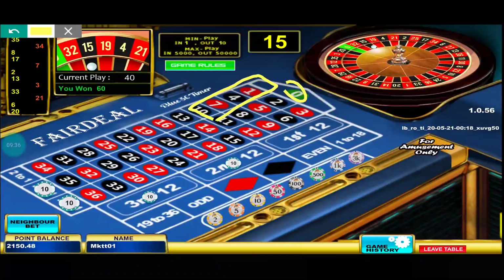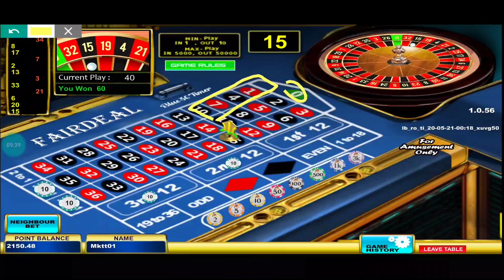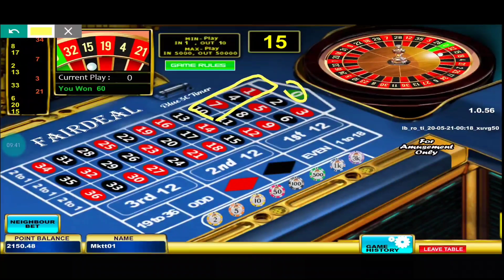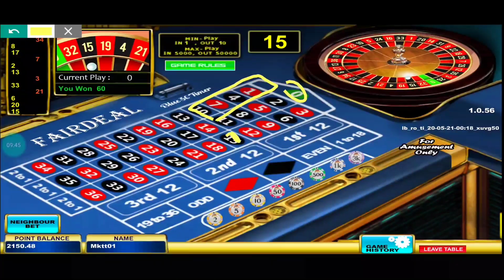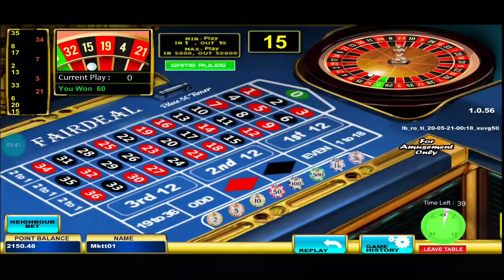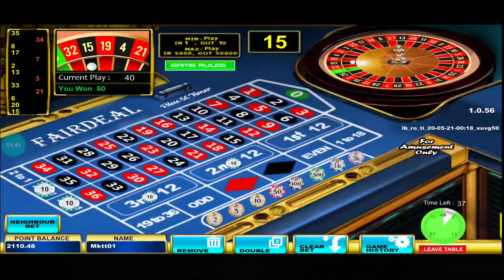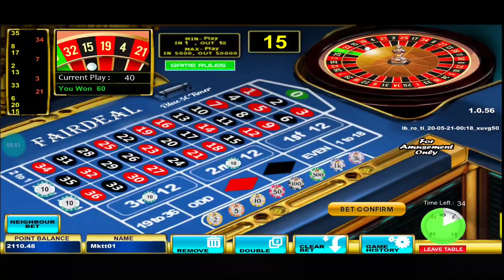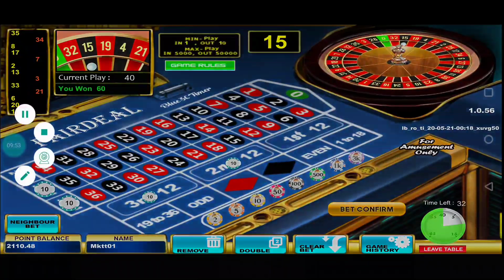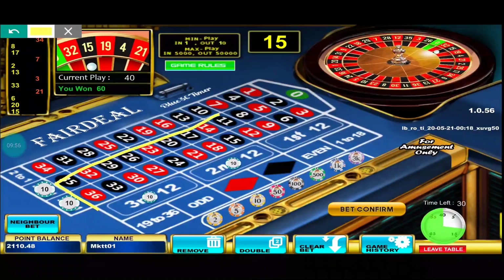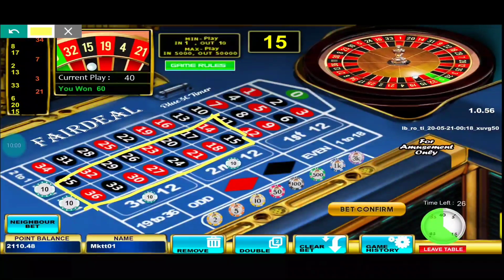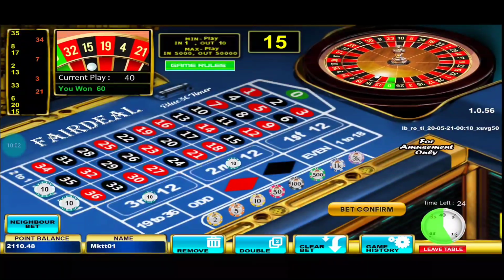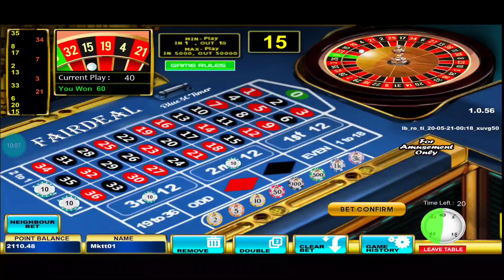It's number 15. Again I win here. So as you can see here, this is the winning number, because this 15 number comes in this range of 2 unit profit. So I win over here also. So again, let's take another spin.